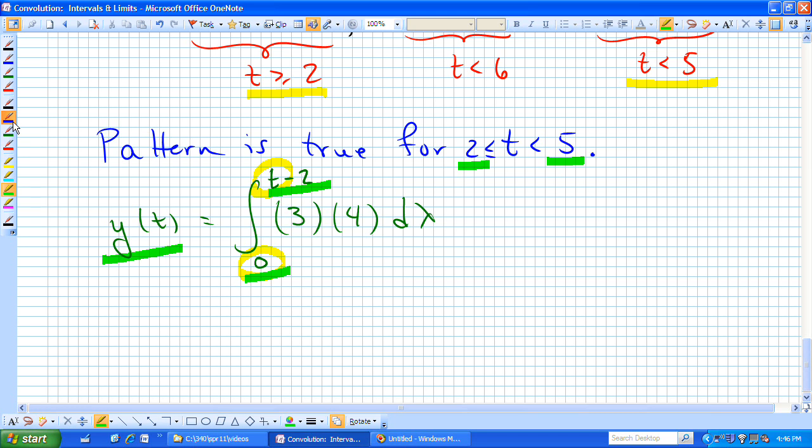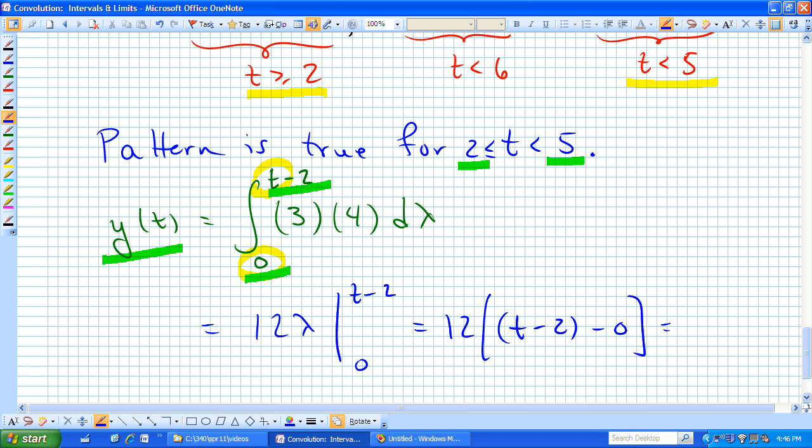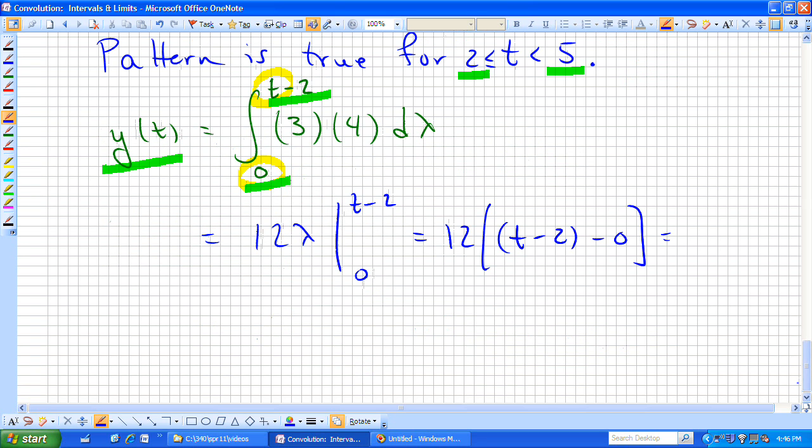We can now compute this integral. We have a constant, which will just be 12 lambda, and now we evaluate that at the upper and lower limits of integration. And we end up with 12 times the quantity t minus 2, or 12t minus 24.